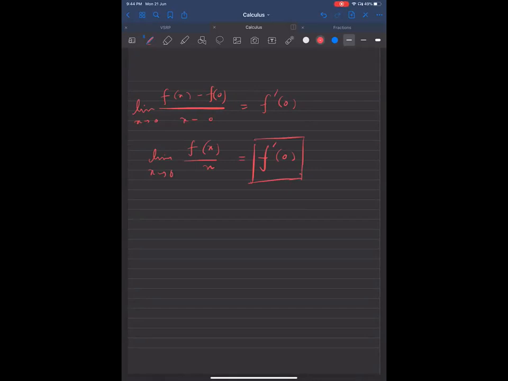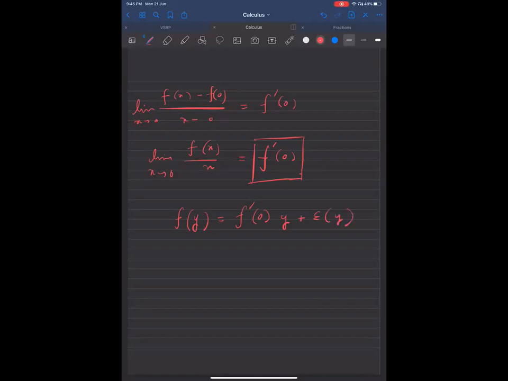Now what we really want is to replace f of y by f prime of 0 times y. This is what we really want to do. And then there is some error in it.